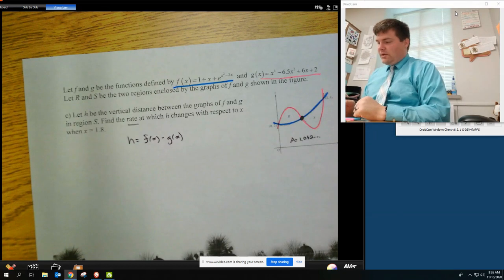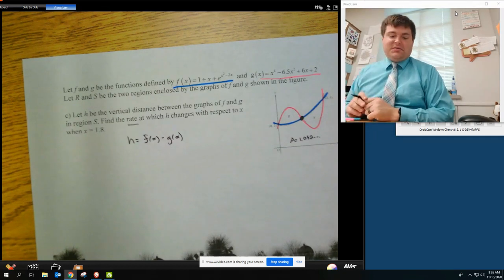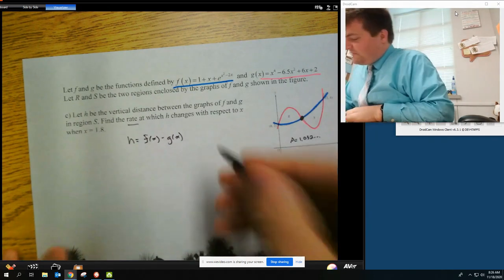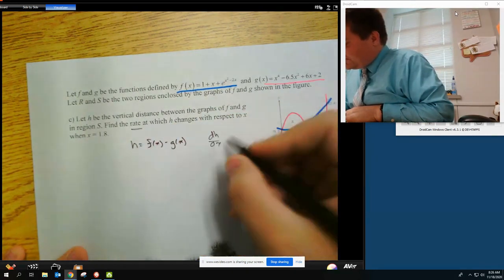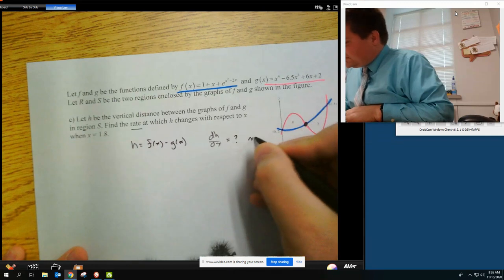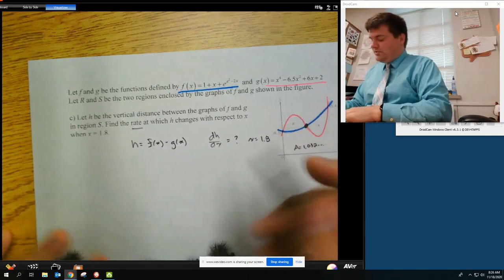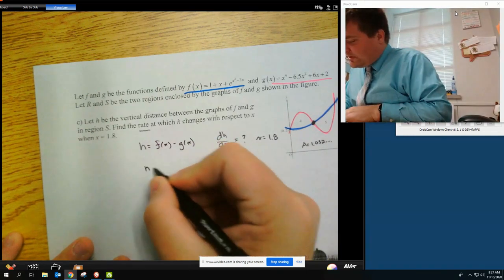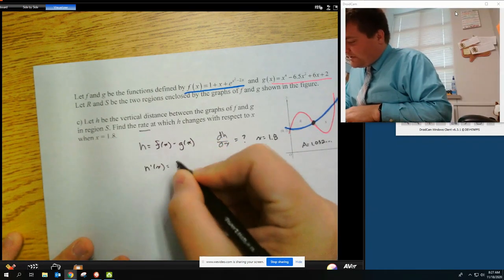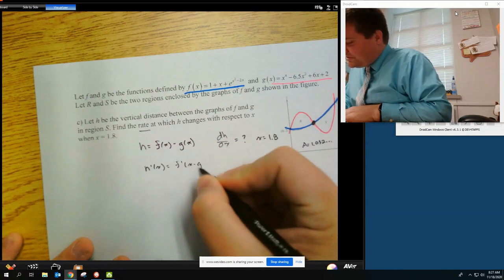So all I want to do here, actually this is not really that related ratesy. I just need to find dh/dx because it wants what rate it changes when x is equal to 1.8. So all I'm going to do is take the derivative of this. So I'm going to do h prime of x is equal to f prime of x minus g prime of x.